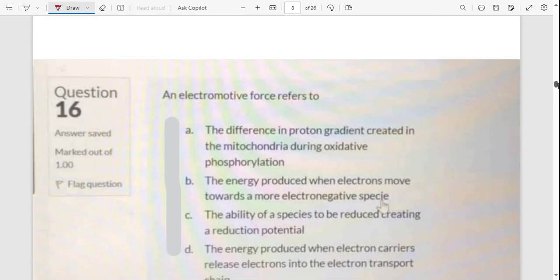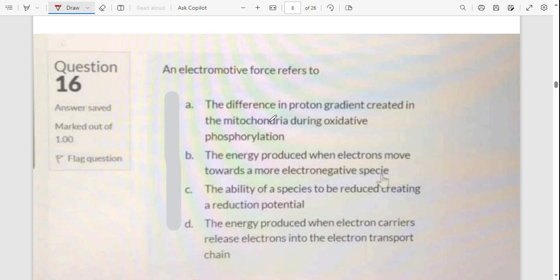An electromotive force refers to the difference in proton gradient generated in the mitochondria during oxidative phosphorylation. Okay, this is not false, this is true.